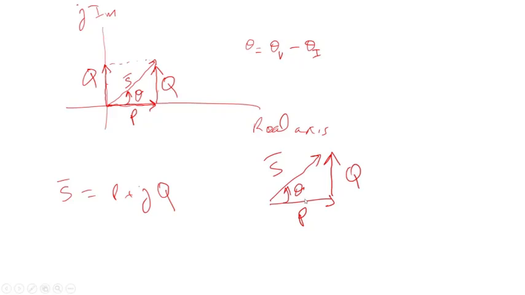Sometimes instead of showing the arrows, we just write something like a triangle with a right angle here, and we just write theta, P, Q, S. This is called the power triangle. So that's how we construct the power triangle.